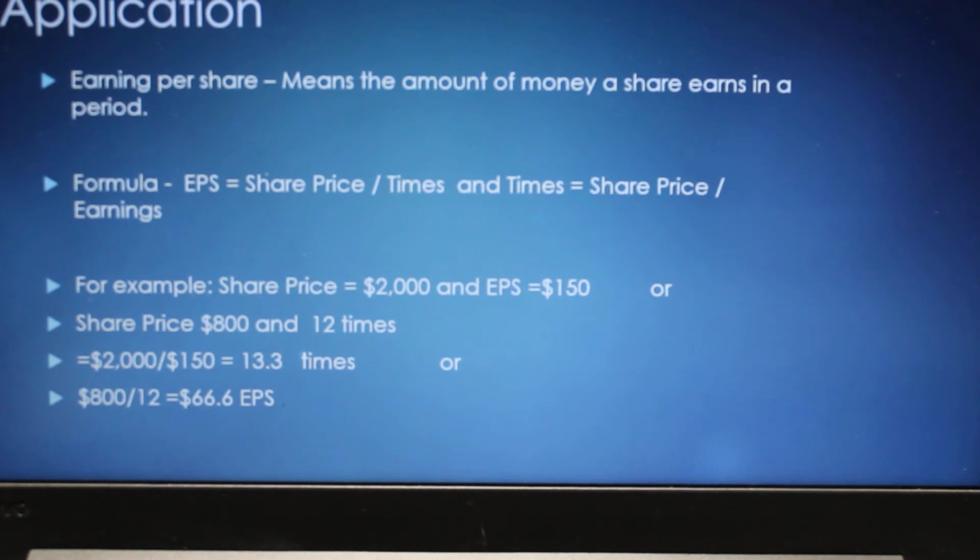So technically this share earns almost $67. It's $800 spent on the share, and it earns about $67, rather, not pence but dollars.